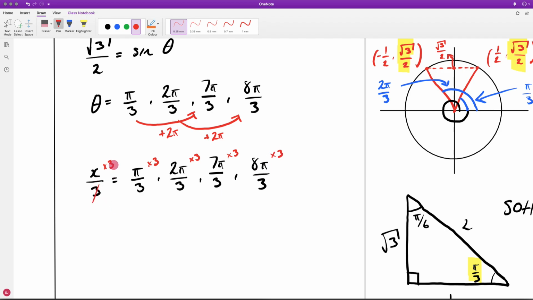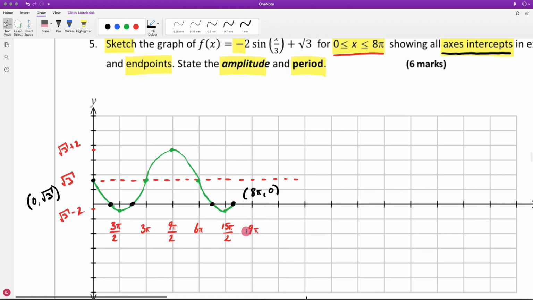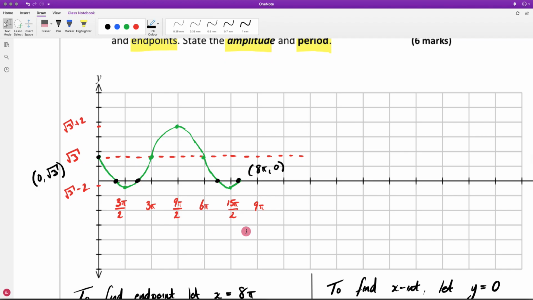And by doing that, all these 3's are going to cancel. So that means I'm going to be left with x equals pi, 2 pi, 7 pi, and 8 pi as my x-intercepts.